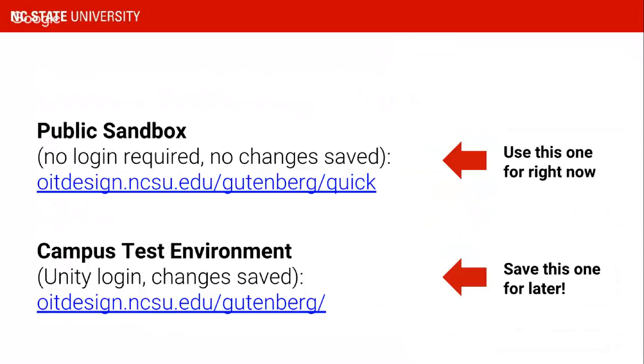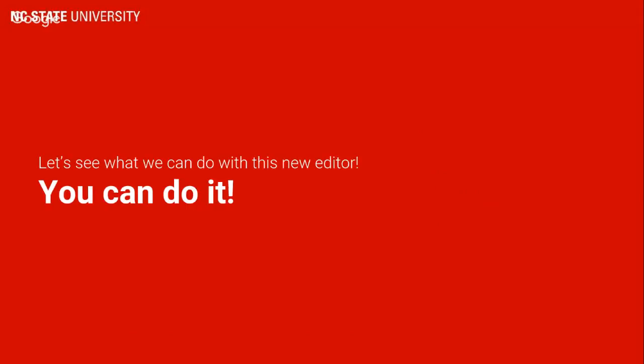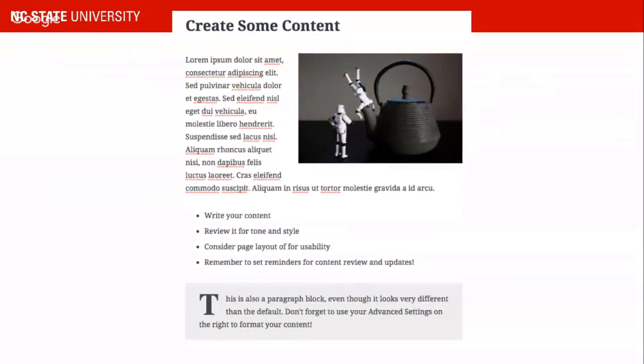But otherwise, I'm going to go ahead and move on. So let's see what we can do with the new editor. The first thing I'd like to ask you to do is to try to create something that looks like this. And I will let you look at this for a few minutes and puzzle over it, and then I'll go ahead and do it myself.